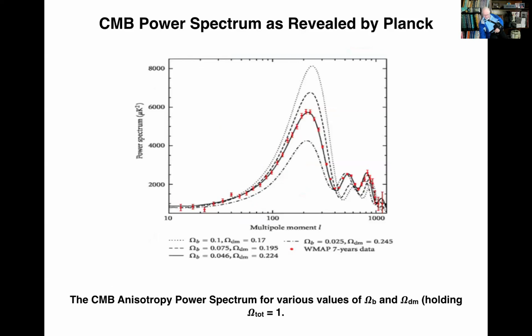I just want to comment that if you do the same thing for different kinds of models for gravity other than Einstein's general relativity, the peak of the third relative to the first almost always doesn't work with any of the other types, Tevis or any of the other kinds of alternative thoughts of what general relativity might be.